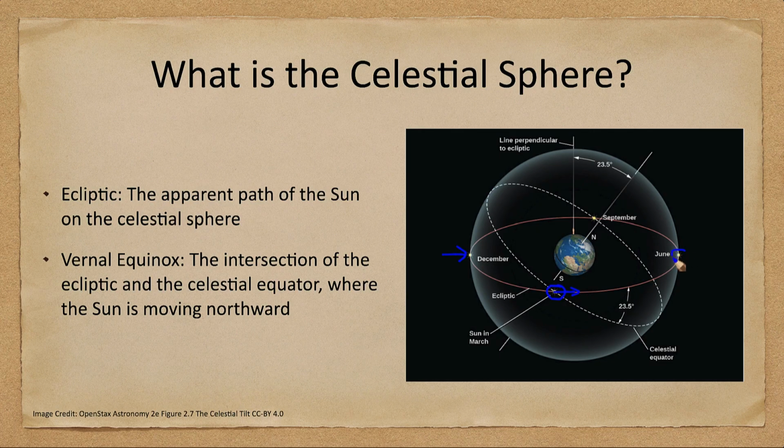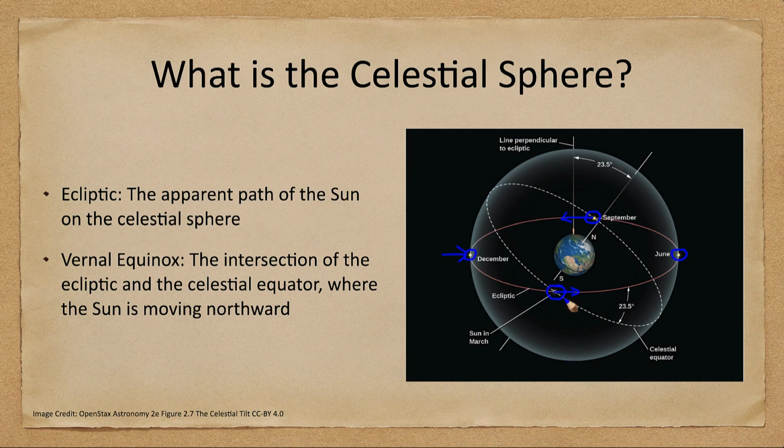Three months later, it will reach the summer solstice in June. Three months after that, it will again cross the celestial equator, but this time heading south. And then finally, the winter solstice will be in December. So those are the beginnings of each season, and they have a very specific notation.